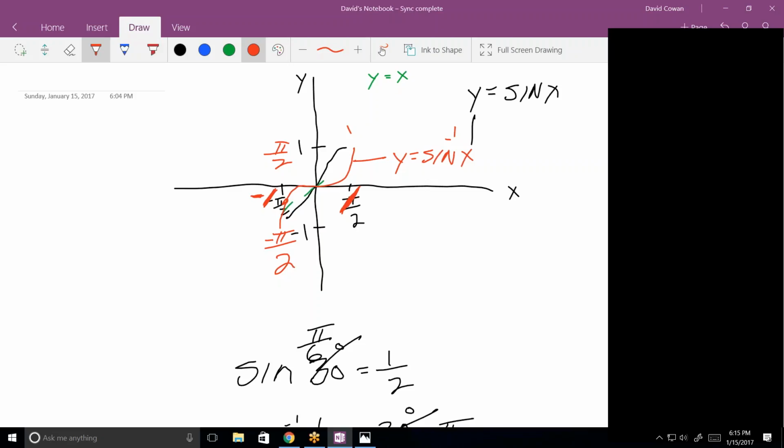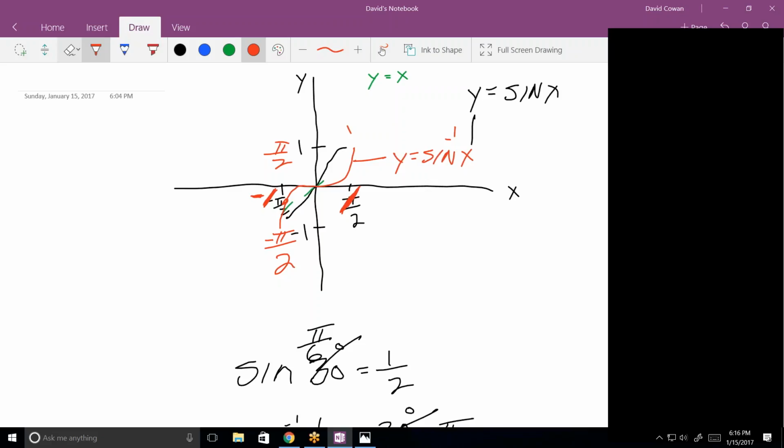Plug in 1 for x, and where is it on the y-axis? Read the red grid. Remember, we had to switch the domain and range. So the x-axis is no longer the one that's in pi, radians. It's now the y-axis that is.